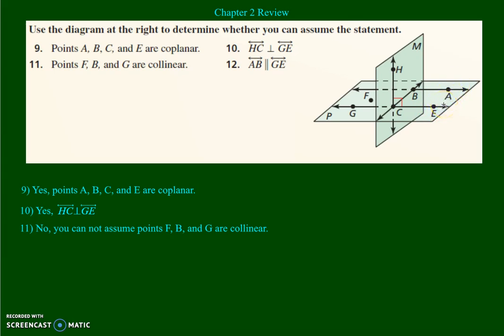So we cannot assume that line AB is parallel to GE. So our conclusion is no, you cannot conclude that line AB is parallel to line GE. And now on to problem 13.